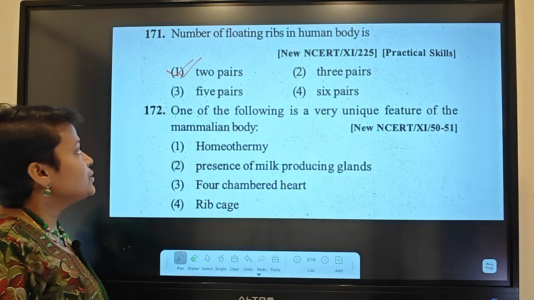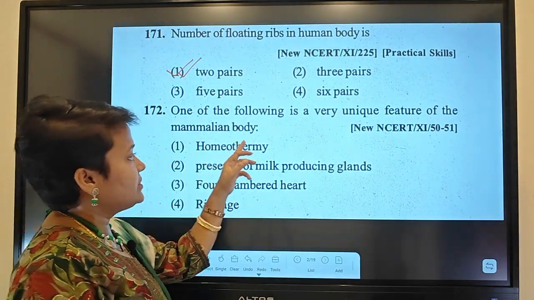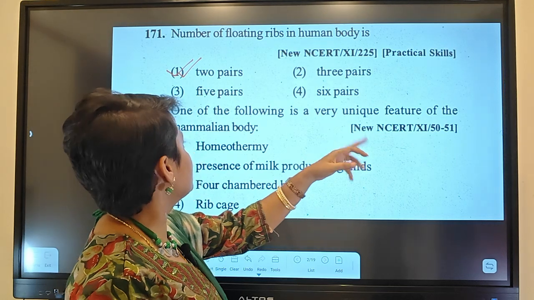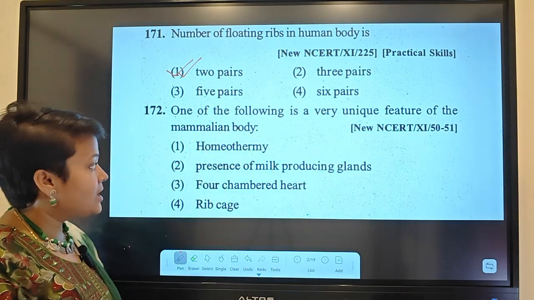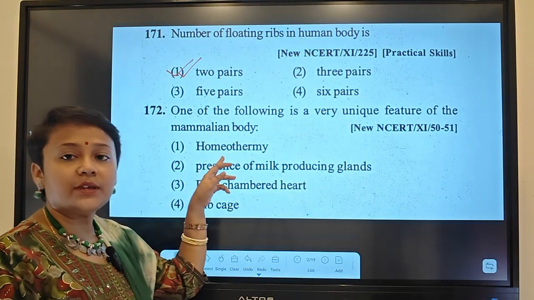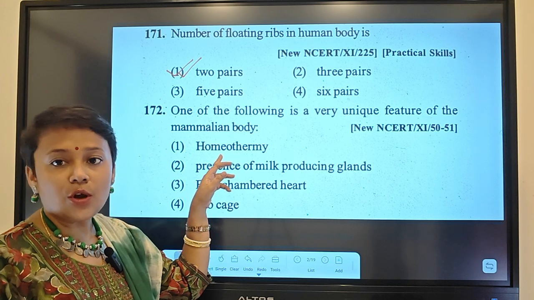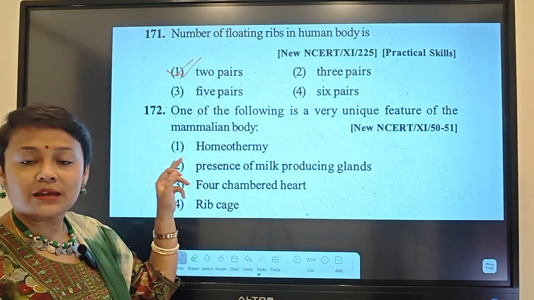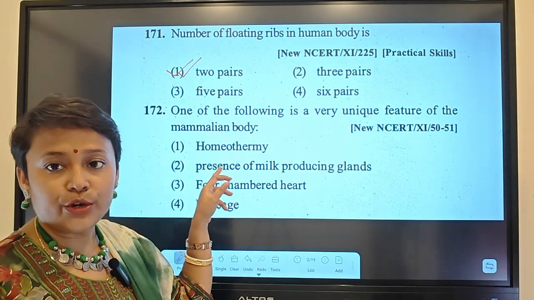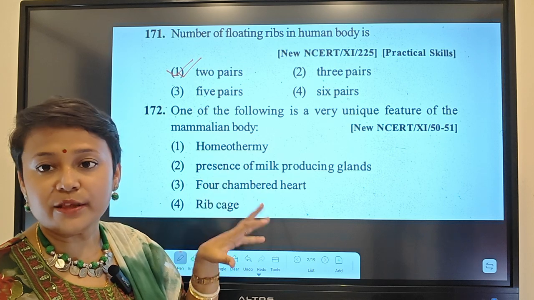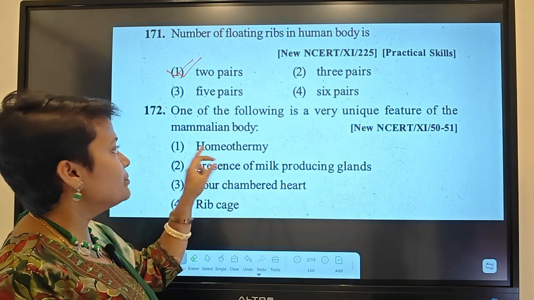Coming to 172. Which one of the following is a very unique feature of the mammalian body? Now, homeothermy is a feature of mammals. Mammals can regulate and maintain their body temperature, that is called homeothermy.